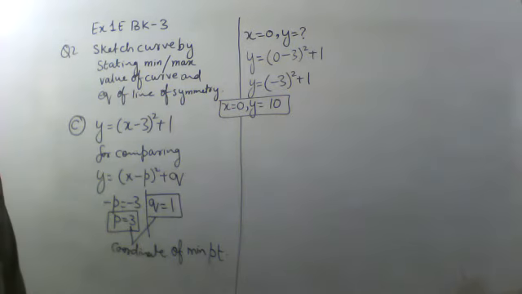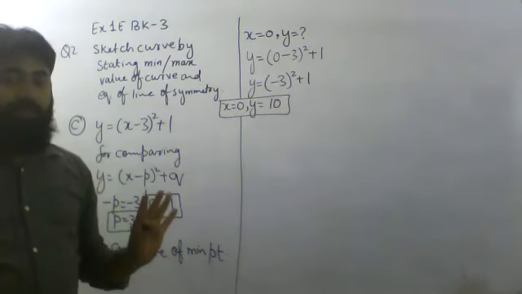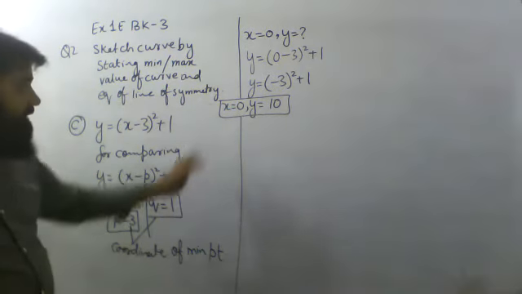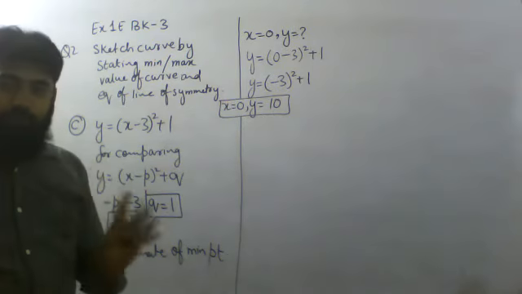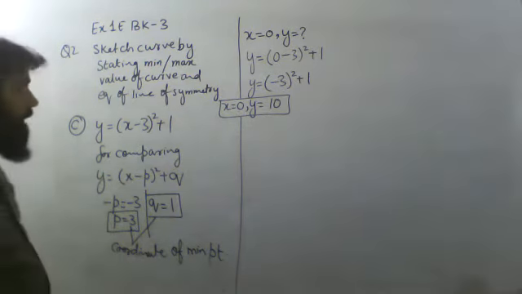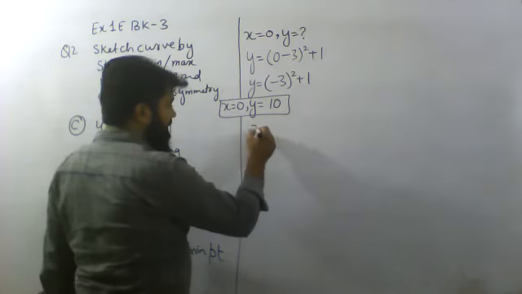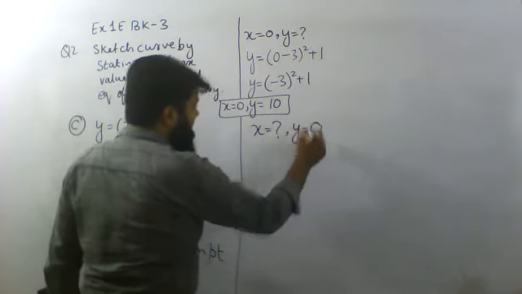Now this is important and this will always come. If your equation is given in this way, when x equals 0 you will always get some value of y. Now I will find the value of x when y is 0.